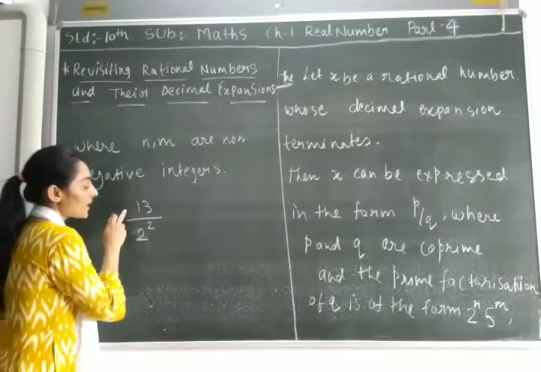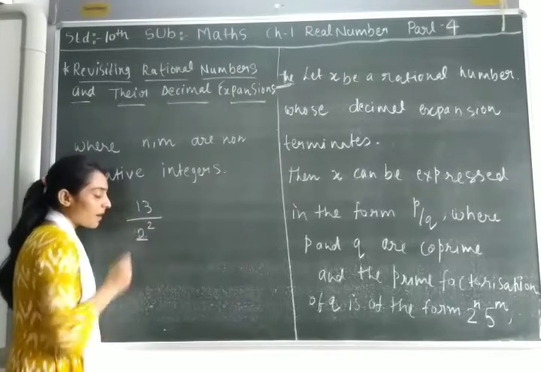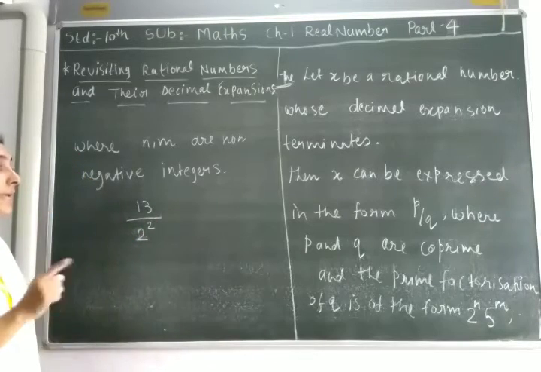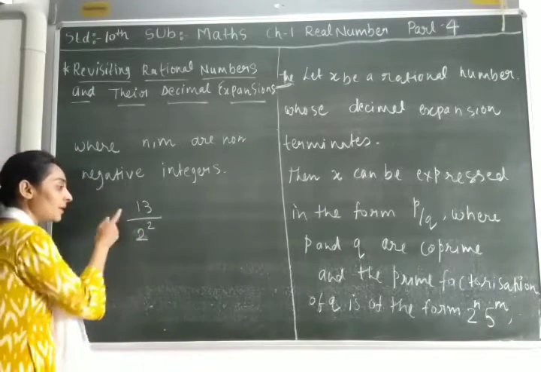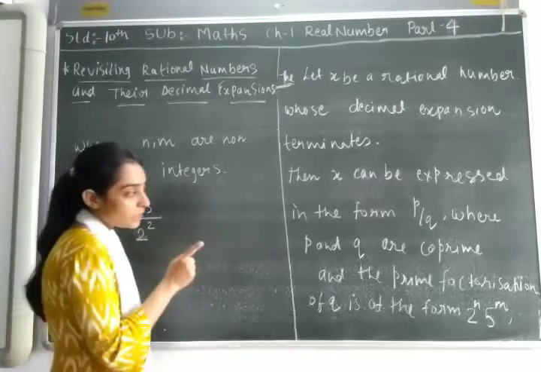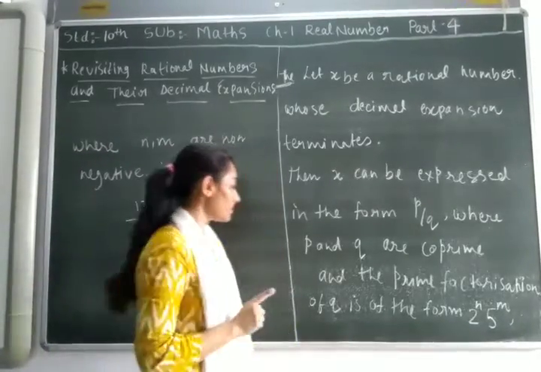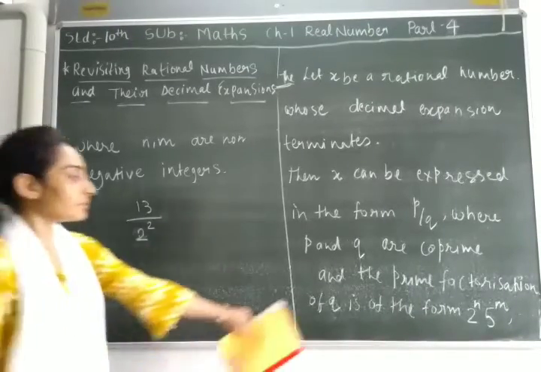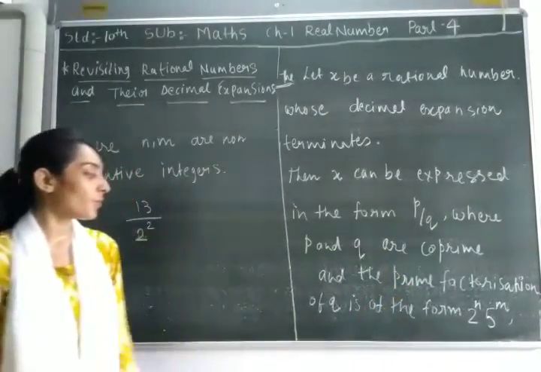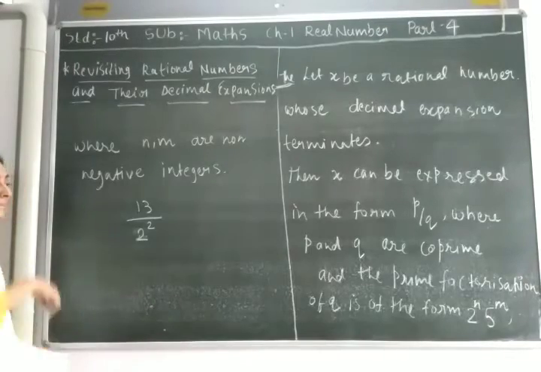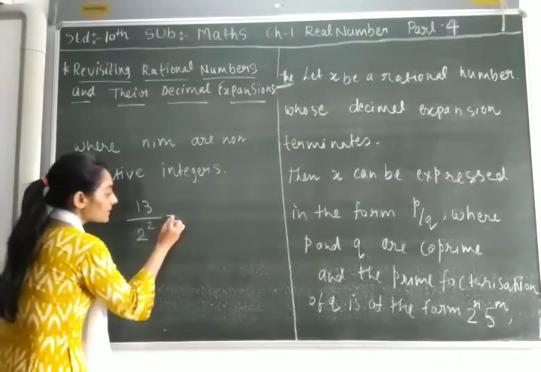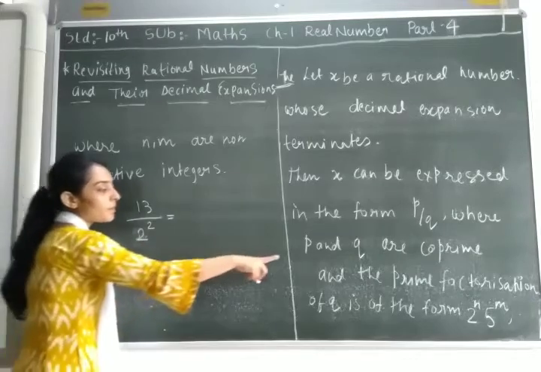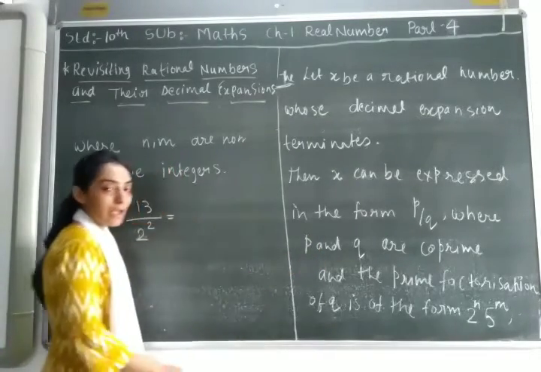So this is my x, 13 upon 2 to the power 2. X can be expressed in the form of p by q, where p and q are co-prime integers, and the prime factorization of q is in the form 2 raised to m and 5 raised to n.